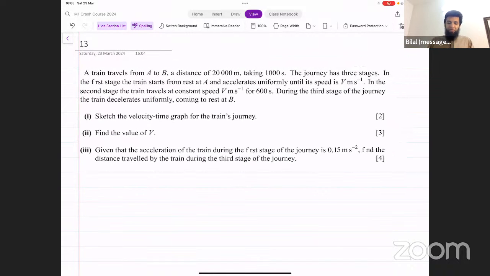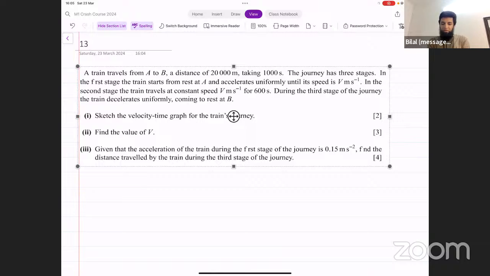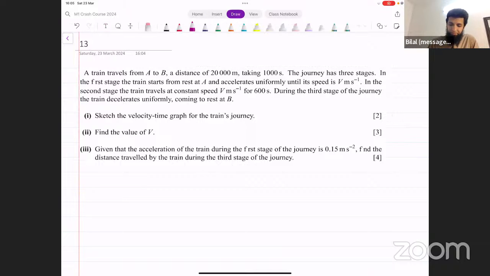It says a train travels from A to B, a distance of 20,000 meters, taking 1,000 seconds. A to B, 20,000 meters, 1,000 seconds.